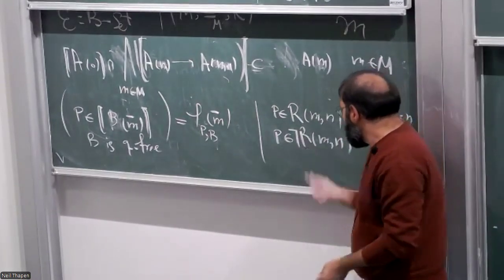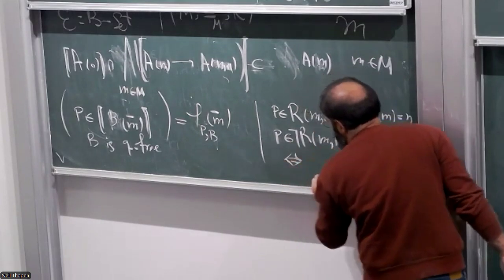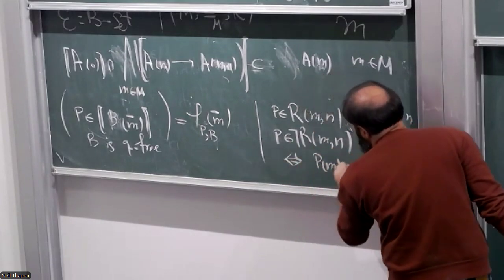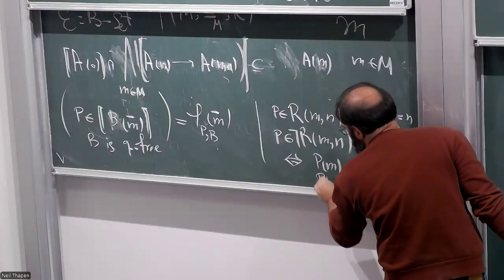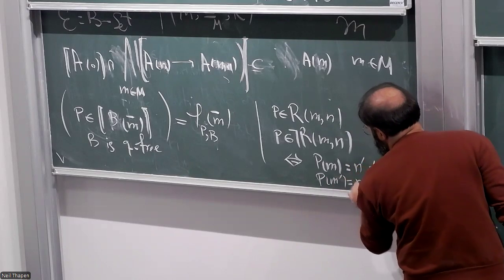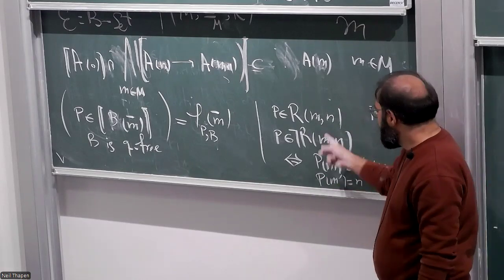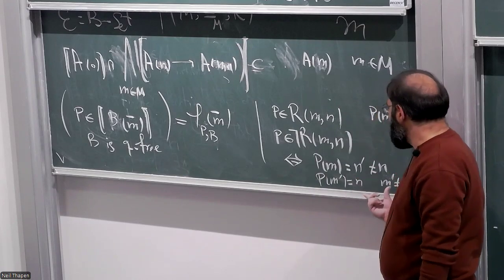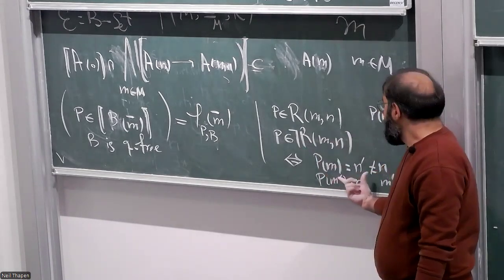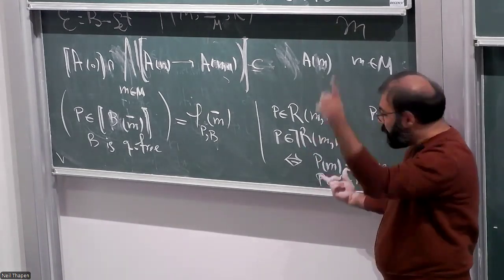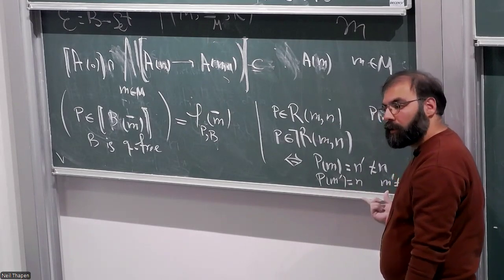The point is that you can show that this is actually equivalent to: P forces some N prime different from N, or P forces some M prime is N, M prime is different. They are equivalent. Of course, if I do something bad about P, then that's bad upward. But if something bad upward happens, then I get this, right?